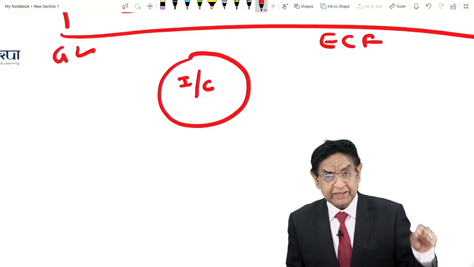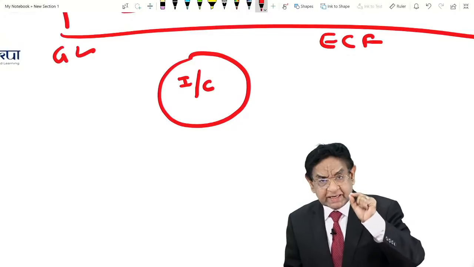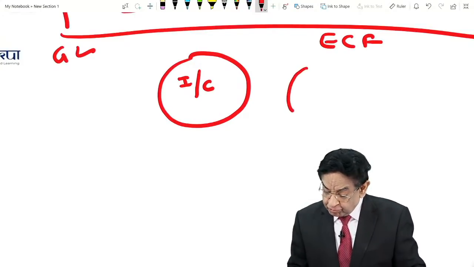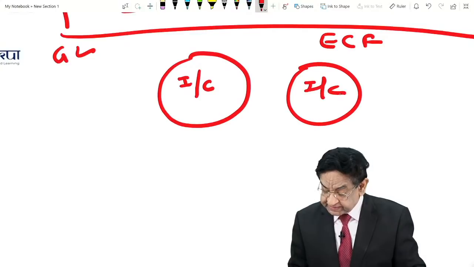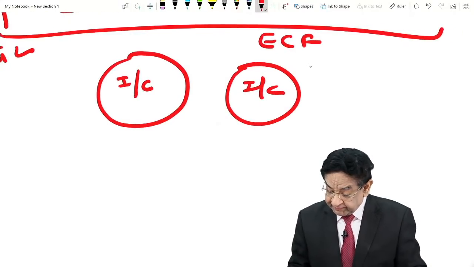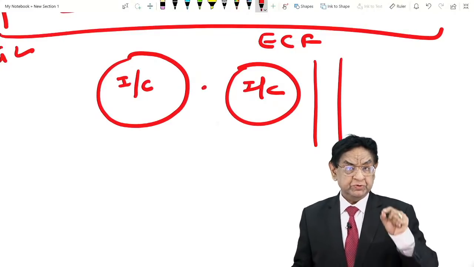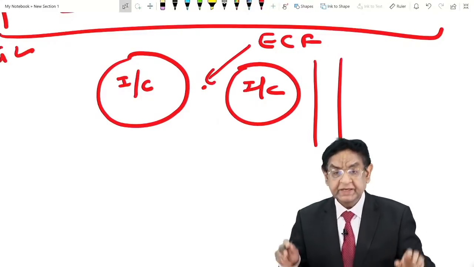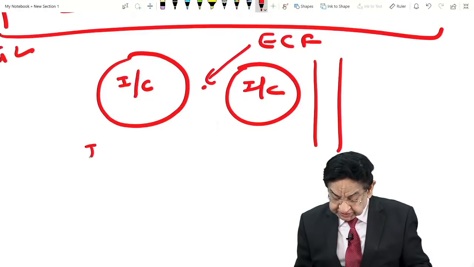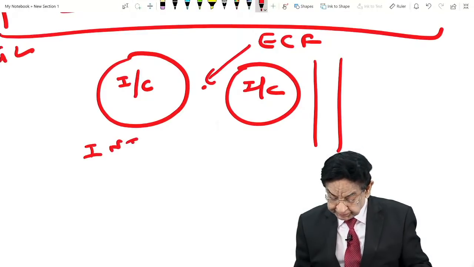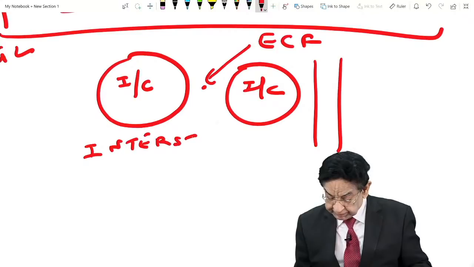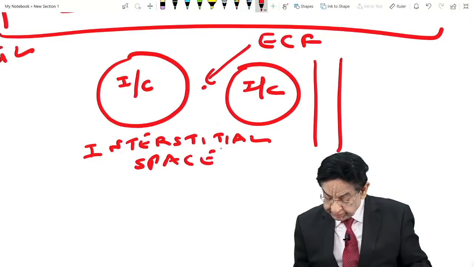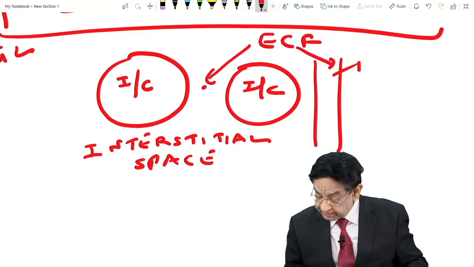Definitely true. But why is it so important to talk about? Now this extracellular fluid can be in two places. This is inside a cell. Now there is a blood vessel and there is an interstitial space also. So when we talk about extracellular fluid, it may be between the cells, the so-called interstitial space, or it may be in the blood vessel.